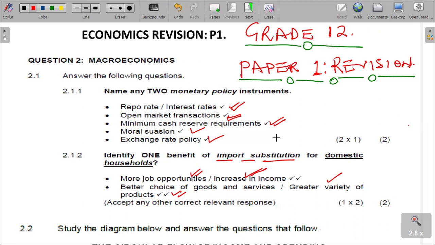Exchange rate policy is the value of one currency to another. For instance, we can talk about our rand versus the US dollar.